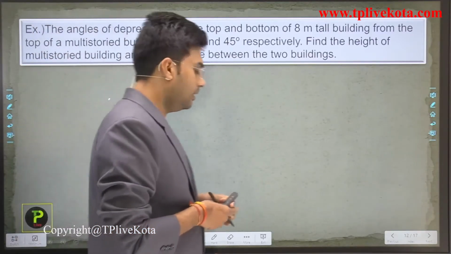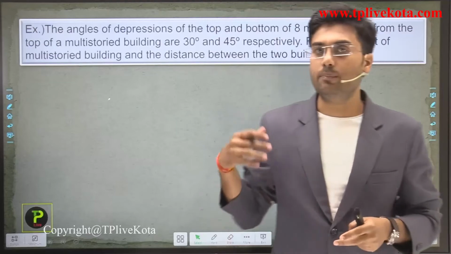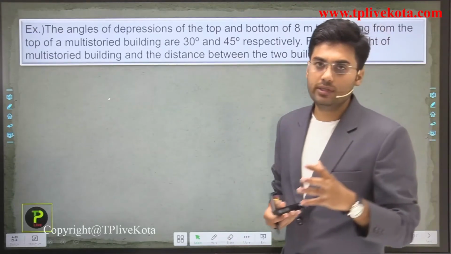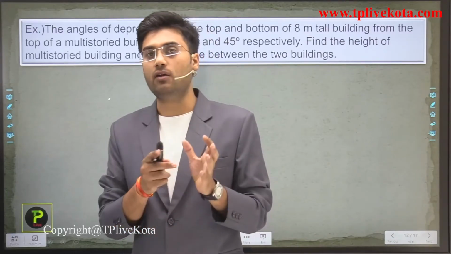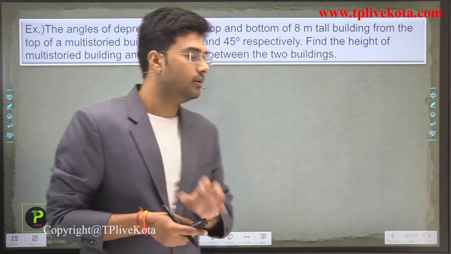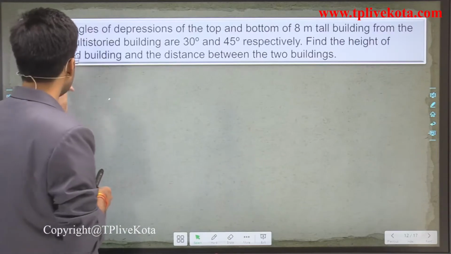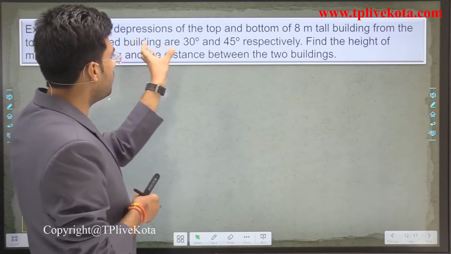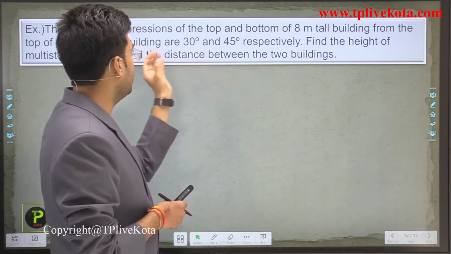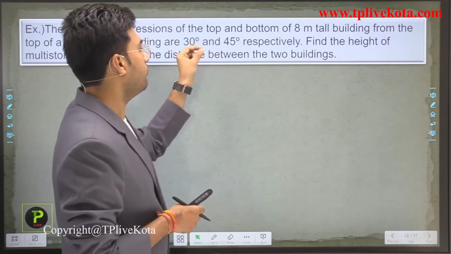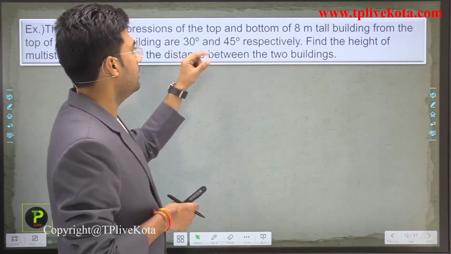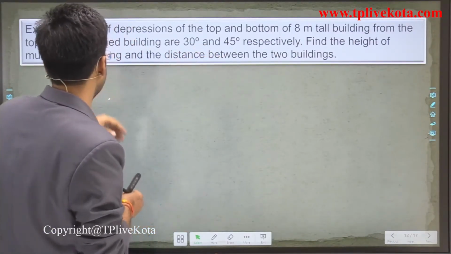Students, as we saw in the previous examples, to solve these questions the most important thing is to draw the diagram. So let's draw the diagram. The angle of depression of the top and the bottom of the 8-meter tall building from the multi-story building.